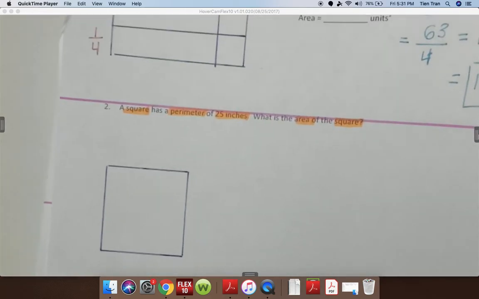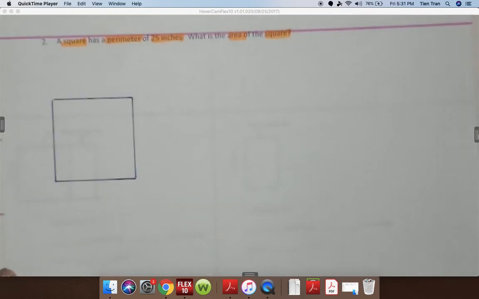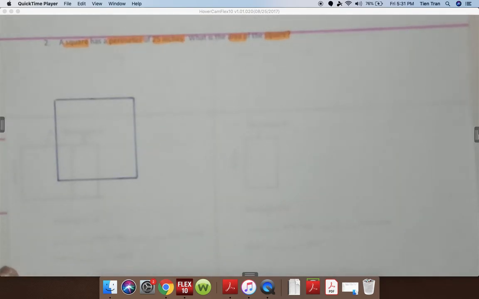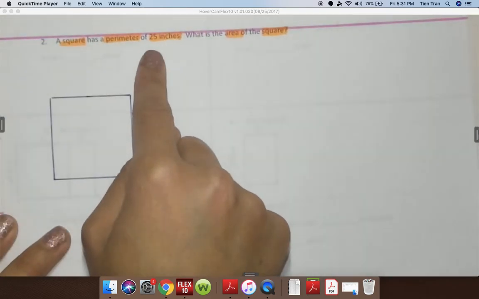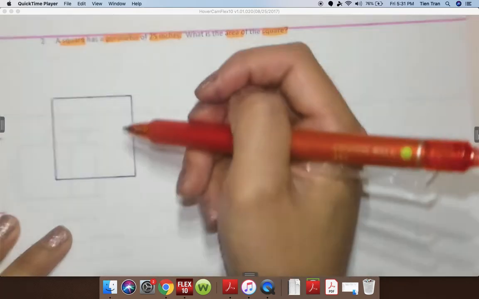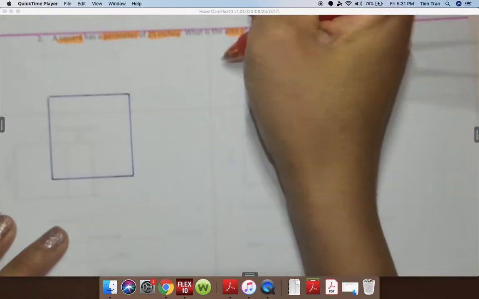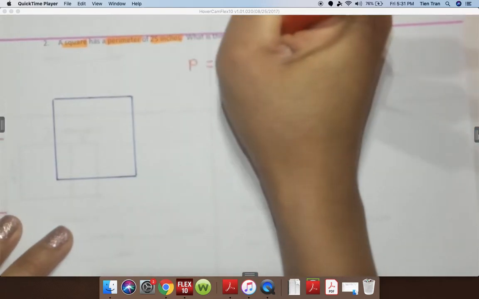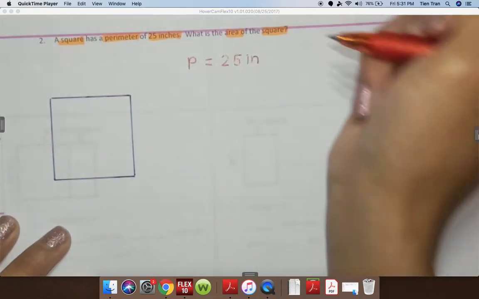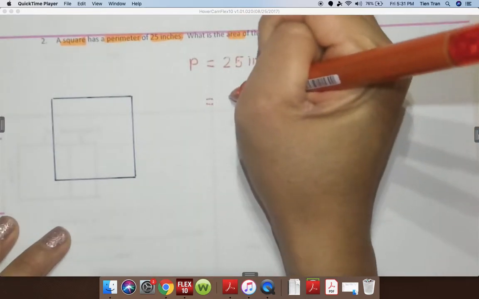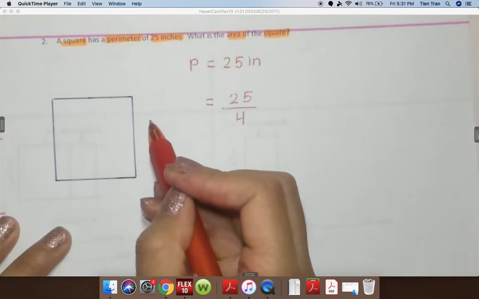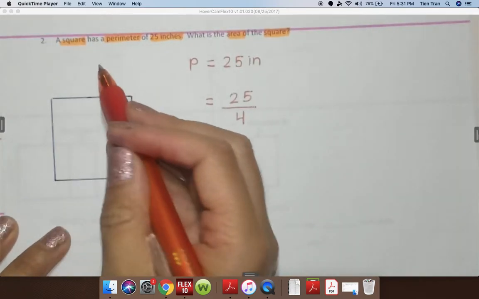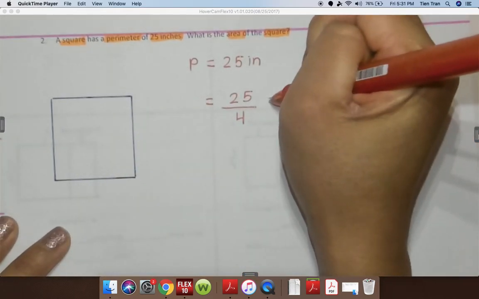Now, my next problem, I have problem 2. And for problem 2, it tells me right here a square has a perimeter of 25 inches. That means that when you add all sides of the perimeter, you are going to get 25 inches. So I need to divide 25 divided by 4 in order to figure out how much each side is equal to. Okay, so I'm going to do that right here.